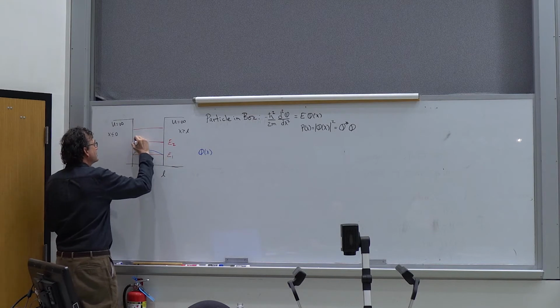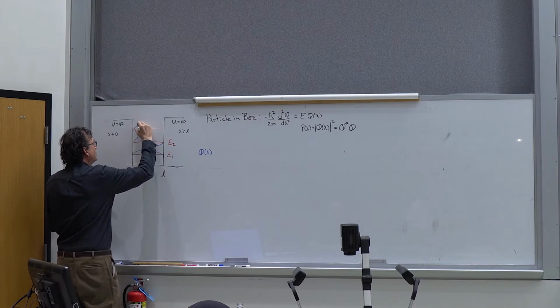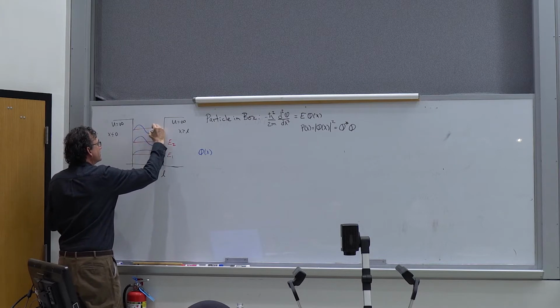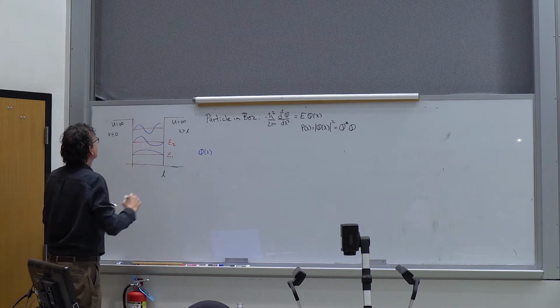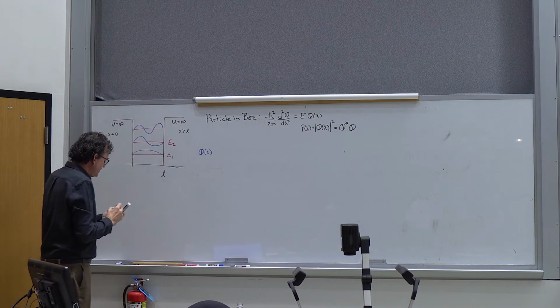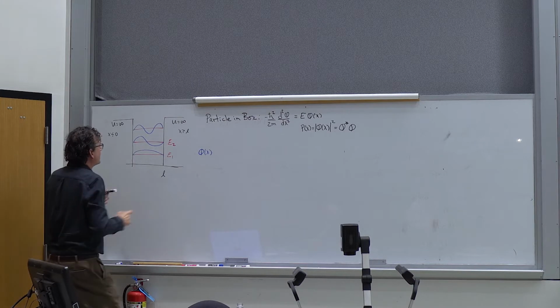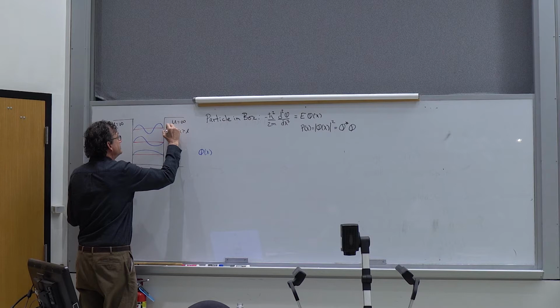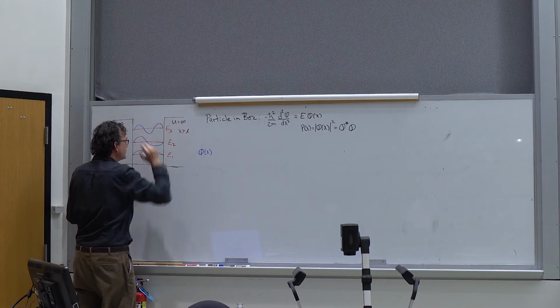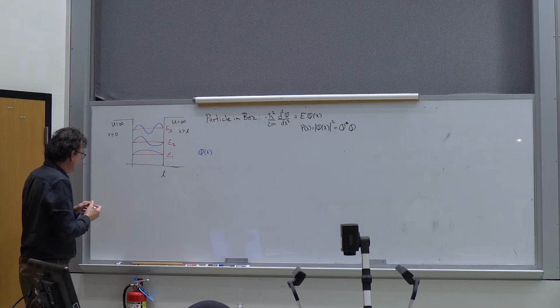We had solutions that looked like one integer wavelength, and then we had one that was sort of like this. Right? And I'm trying to see if I've drawn that right. 1, 2, 3, yeah, one more half right here. Coming down. So these would be the first three energy levels and the wave functions for the particle in a box, and they were discretized. In other words, they were only allowed in discrete numbers.